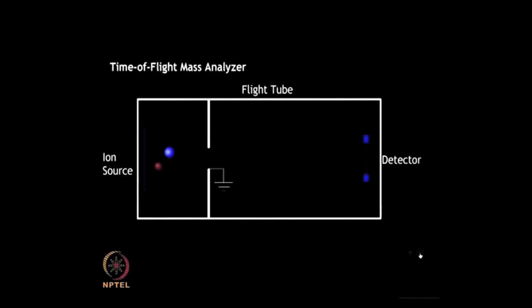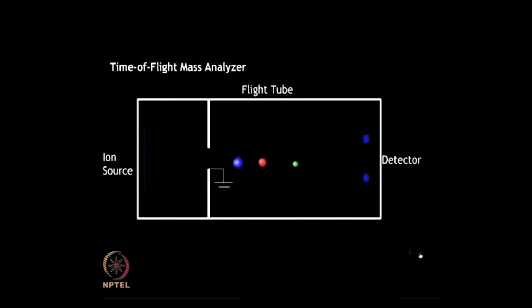The time of flight tube can be operated in the linear mode or the reflectron mode, which depends on the sample to be analyzed.